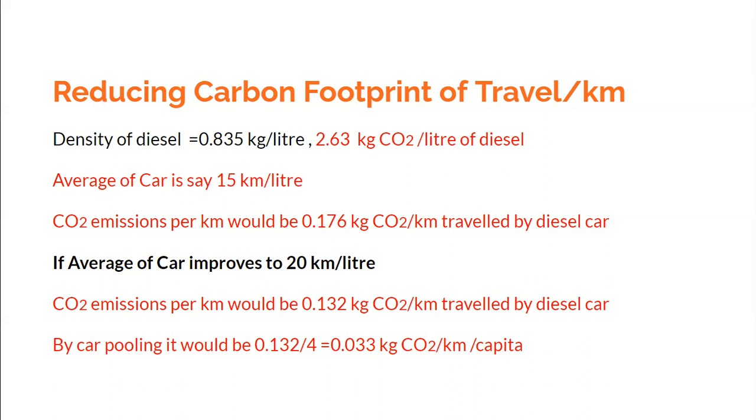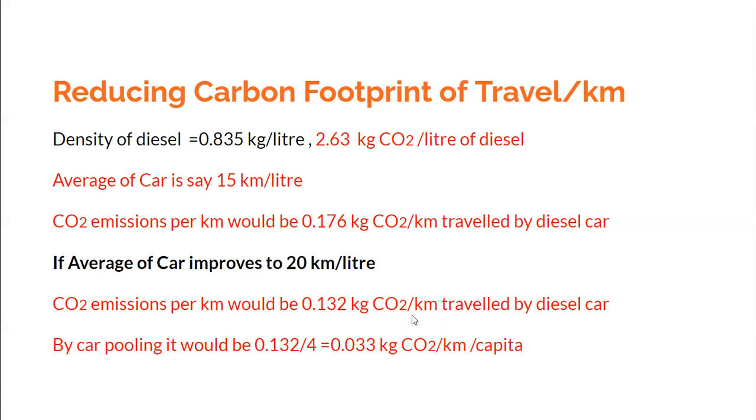So look at this. If the mileage is 15 kilometers per liter, the carbon footprint is 0.176 kg of CO2 per kilometer. If the mileage is 20 kilometers per liter, it reduces to 0.132 kgs of CO2 per kilometer traveled by a diesel car.